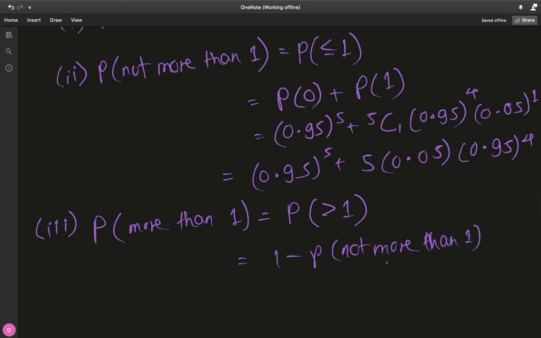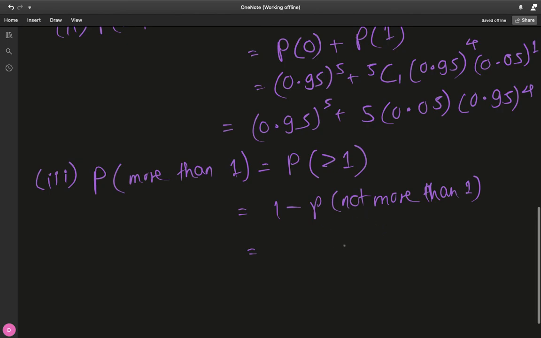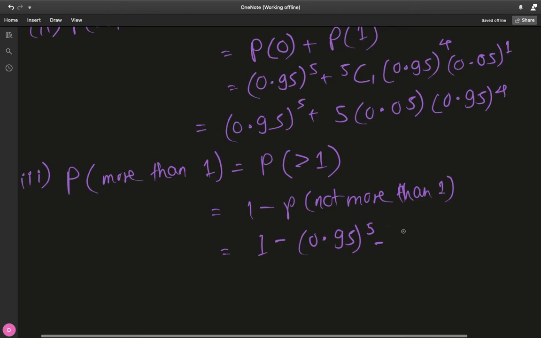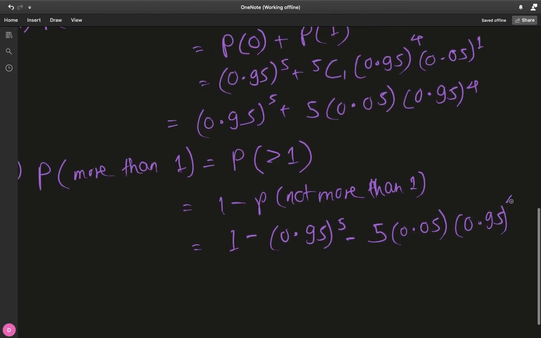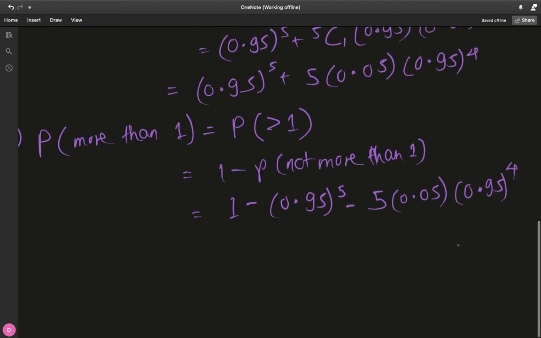This set is inclusive again, all encompassing. So 1 minus 0.95 to the fifth minus, we just use the subpart 2, 5 times 0.05 times 0.95 to the fourth.